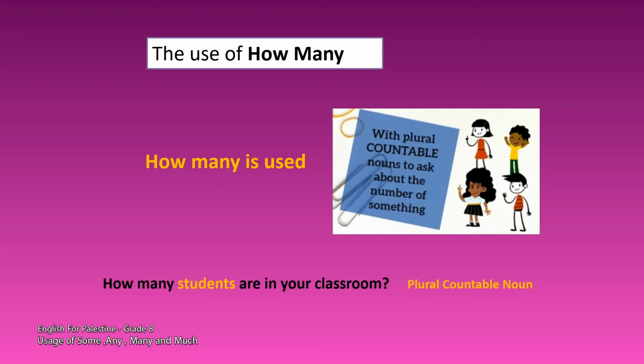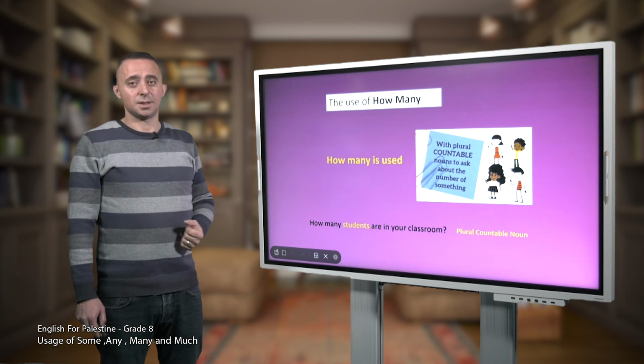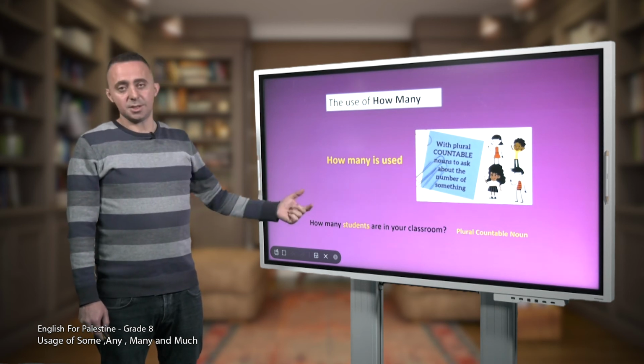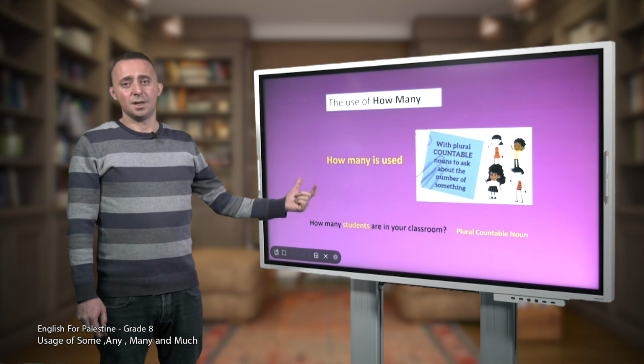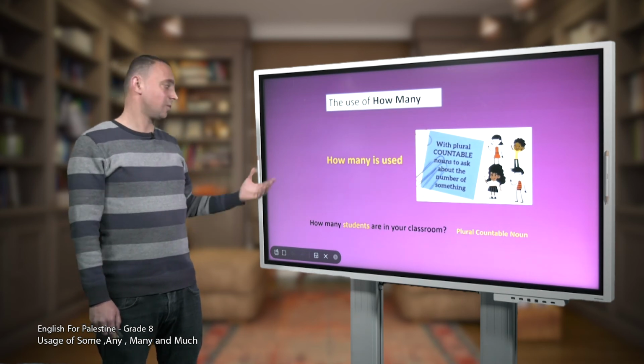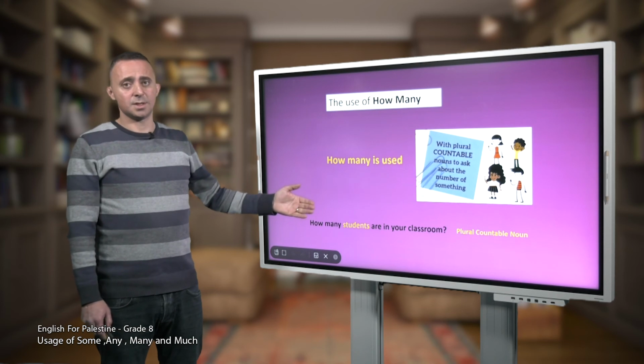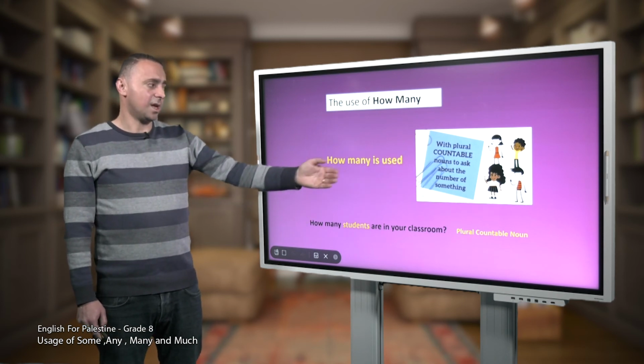Let's see this example. How many students are in your classroom? Notice how many is followed by a countable noun, which is students. We don't say how much students. Why? Because the word students is a countable noun. That's why we say how many students are in your classroom.